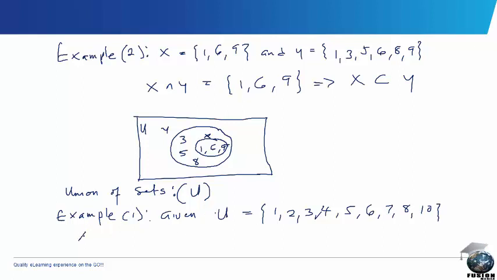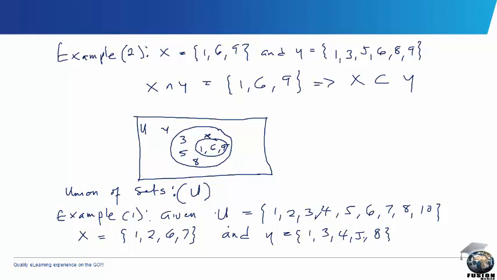X is defined such that 1, 2, 6 and 7 are elements, and Y is defined such that 1, 3, 4, 5 and 8 are elements here too.